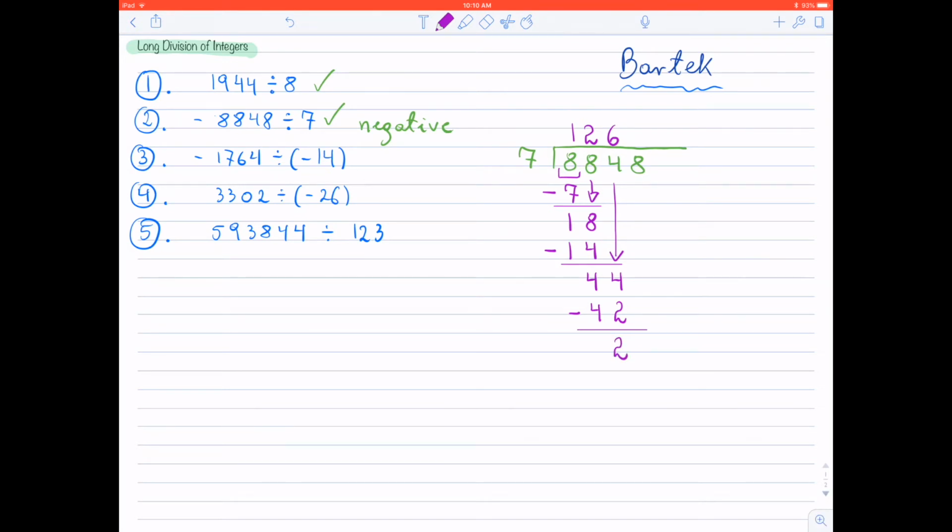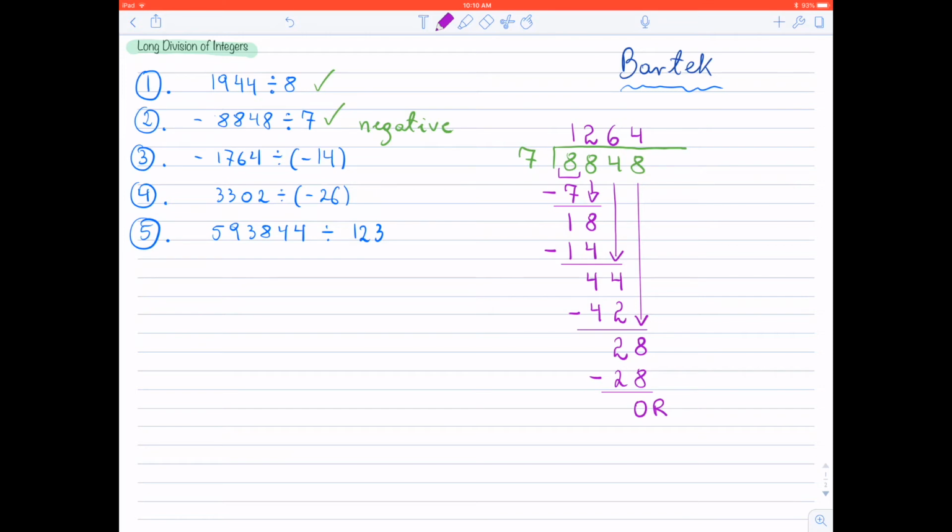So 4 minus 2 is 2. And then we can bring down our 8. And finally, 7 into 28 goes in 4 times. And 4 times 7 is exactly 28. We can subtract and we'll get our 0 remainder.